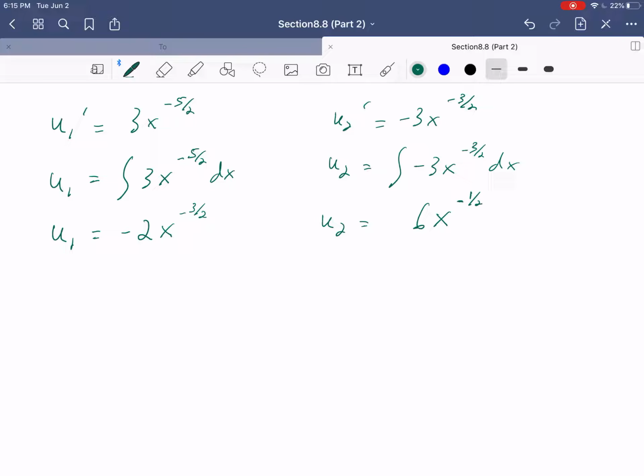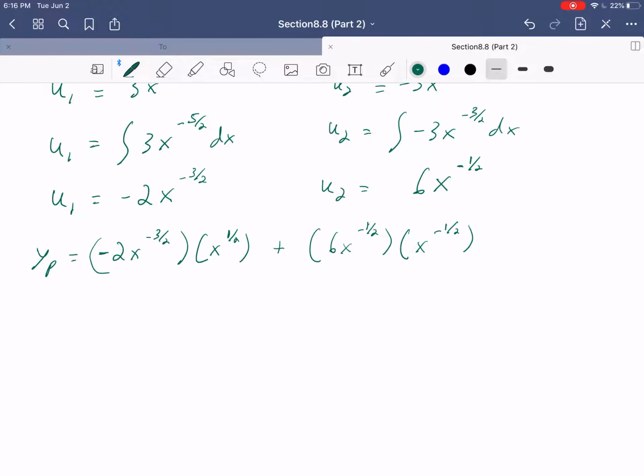All right. So this tells us that y particular is supposed to be negative 2x to the negative 3/2 times y1, which was x to the 1/2, plus the 6x to the negative 1/2 times y2, which was x to the negative 1/2. And it looks like if we put all that together, y particular, what is that going to be? 4x to the minus 1 ultimately.